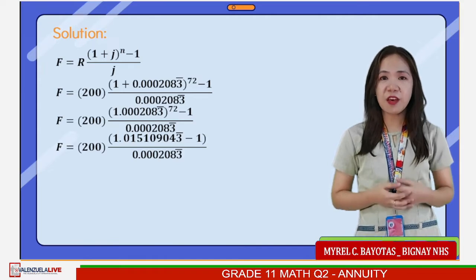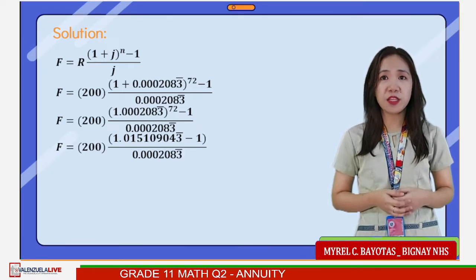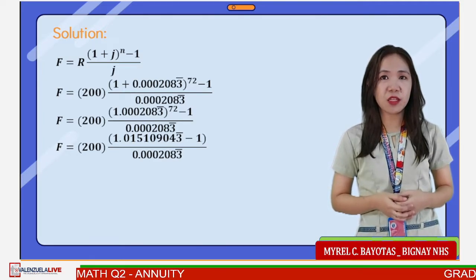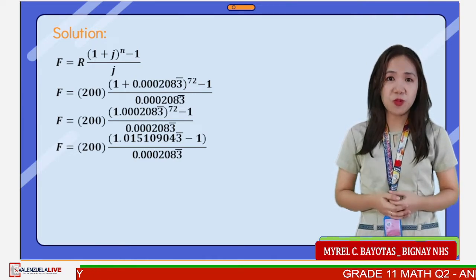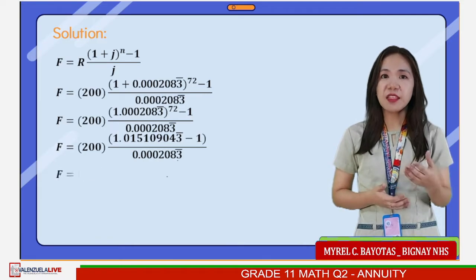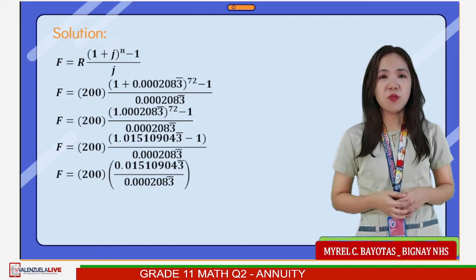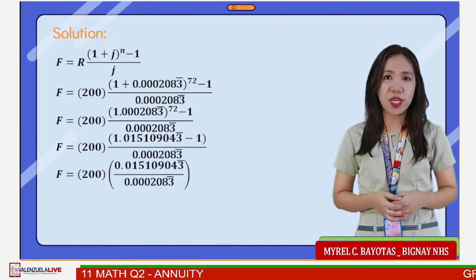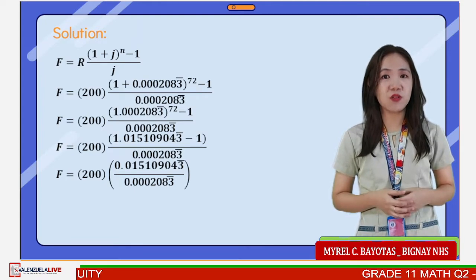Now we have F equals 200 times the quantity of 1.015109043 minus 1 all over 0.0002083. Then subtract 1. That gives us F equals 200 times 0.01510943 divided by 0.0002083.